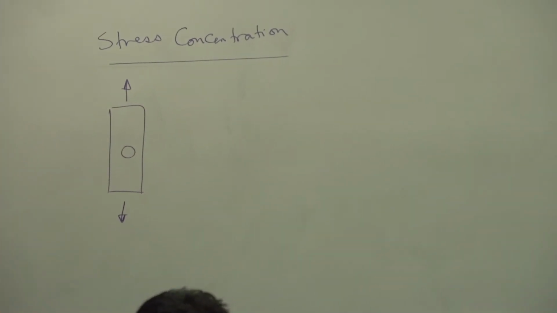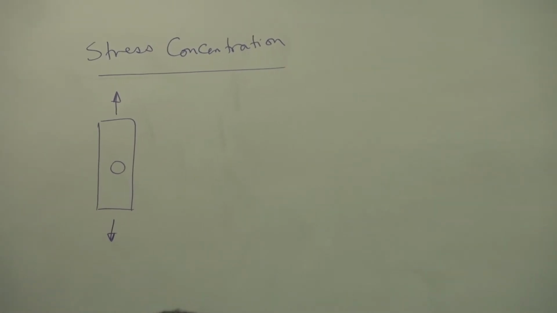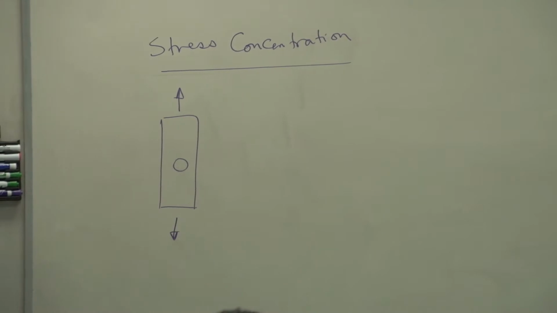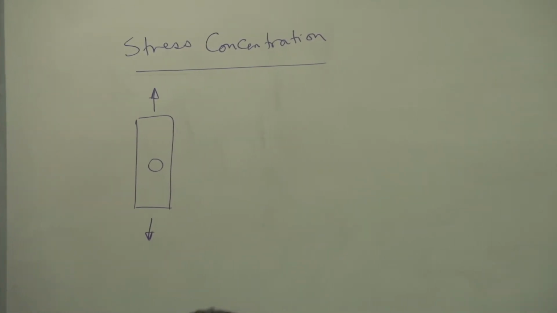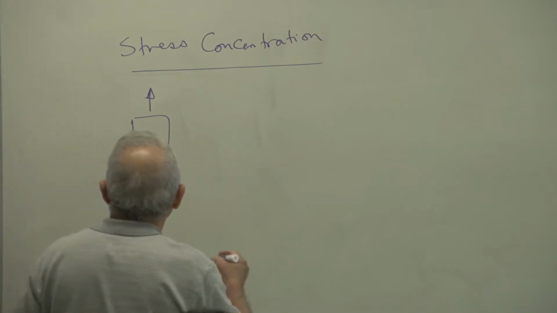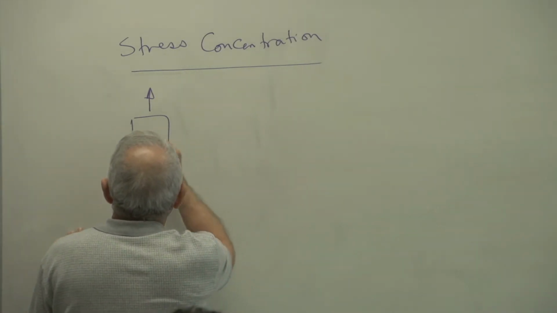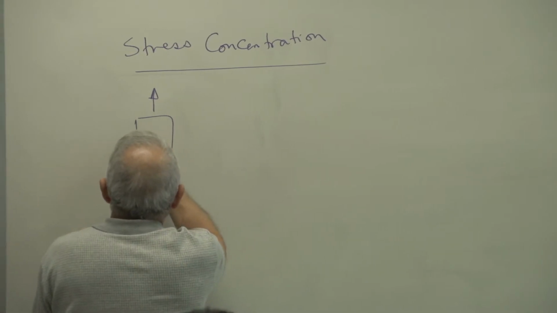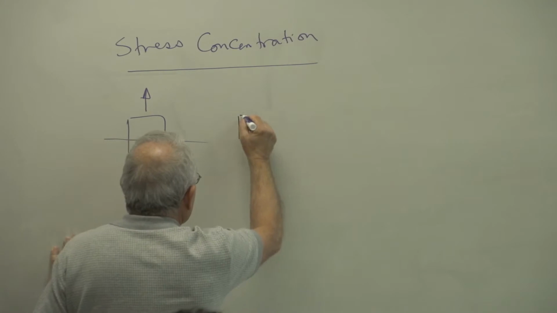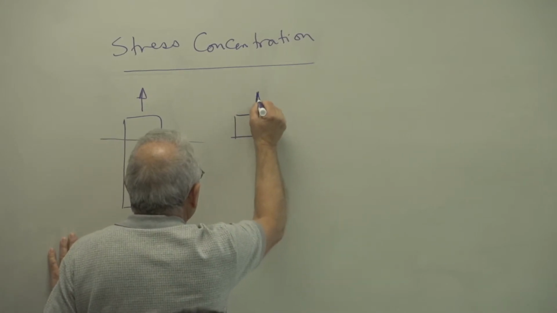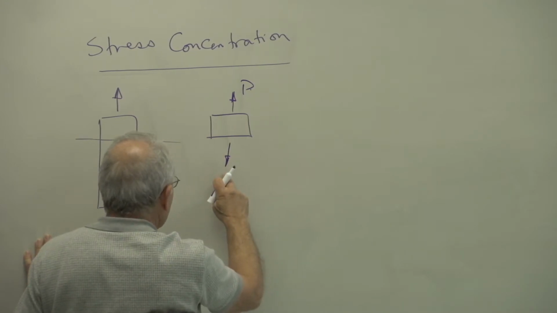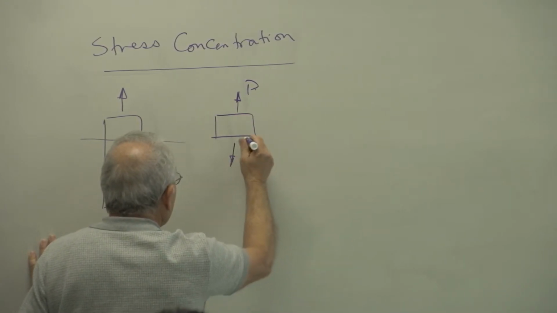If you have a plate, let's say, with a hole in it, and you have loads applied like that to the plate, and you want to calculate the stresses, what we call nominal stresses, or P over A. Let's say in this section, you take a free body diagram, call this force P, and say there must be a reaction here equal and opposite to that.